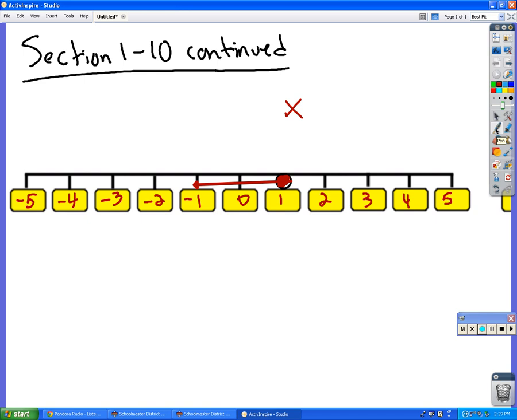So first of all, Carla, is the arrow pointing to the bigger numbers or the smaller numbers? Okay, so that means x is less than, because it's going in the smaller direction. See how the tip of this arrow is pointing that way?